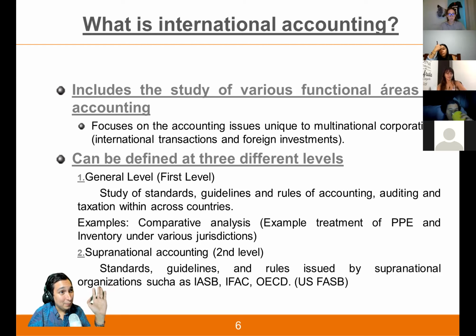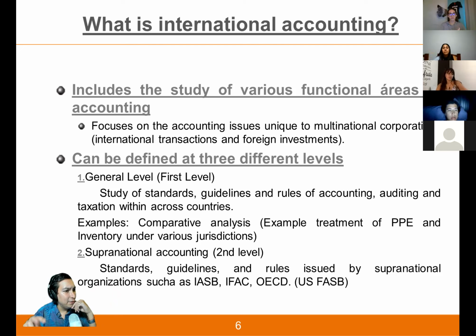You can call them that way also. Who issues the US GAAP? The FASB. Okay, remember, we will see them.